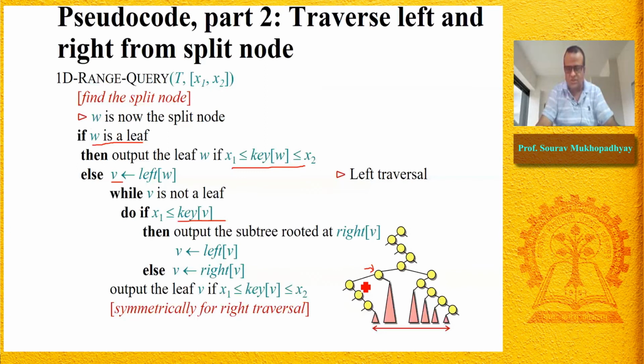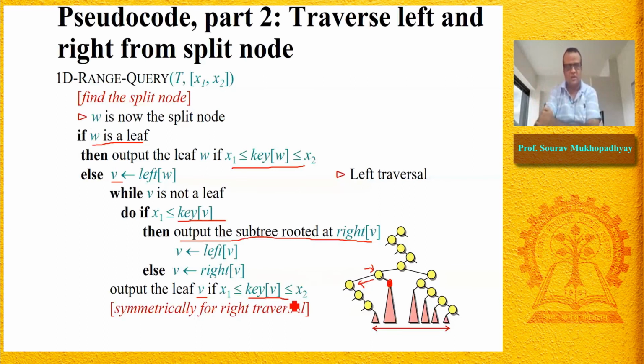We output the subtree rooted at the right, and then we go to the left, and again we do the same exercise. Once we go to the left, all the nodes in the right subtree will be the output. So this is the thing, until we reach a leaf. Once we reach a leaf, we check whether that value is in the range or not, then we output that. So this is the idea.